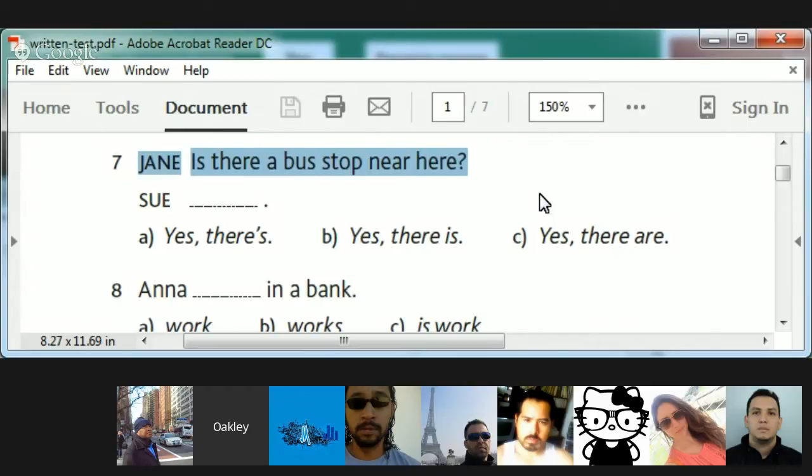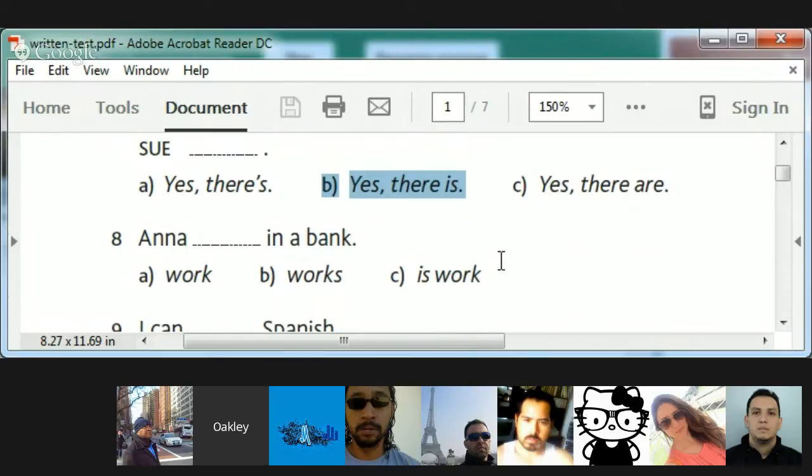Alejandro, number 7. Jane, is there a bus stop near here? Sue, yes, there is. Okay, the singular subject-verb agreement, conjugating the simple present tense for a singular one bus stop. Very good. Diana, number 8, please.